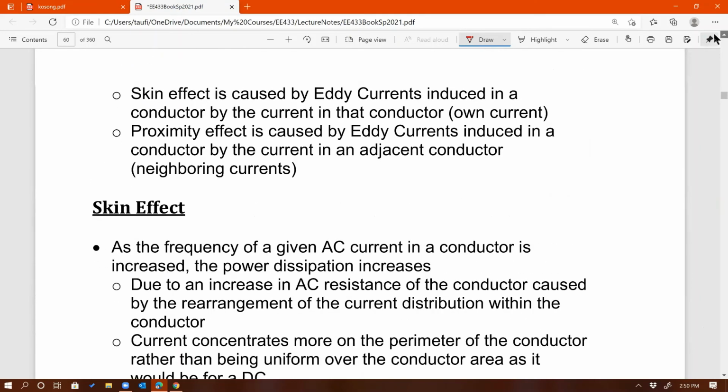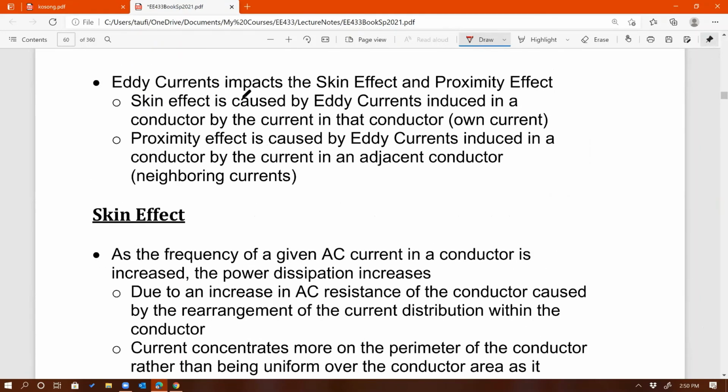Okay. Eddy currents impact the skin effect and proximity effect. You've learned about skin effect, right? What is it? 335, I guess. Skin effect is caused by eddy current induced in a conductor by the current in that conductor, so its own current.